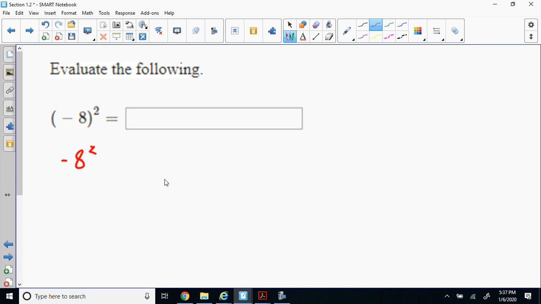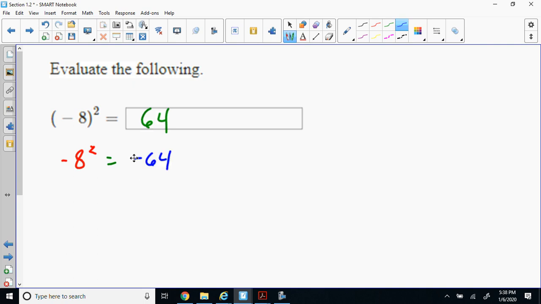I normally put them in parentheses because I try to take order of operations out of the equation anytime I can. So if you look at this, this is (-8) squared, which means -8 times -8, which gives you 64. Now let's look at the one below. This is -8 squared with no parentheses. This would give you -64.